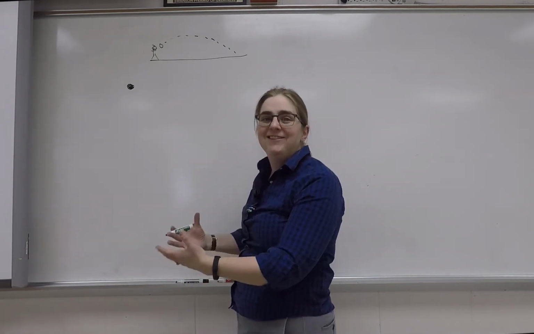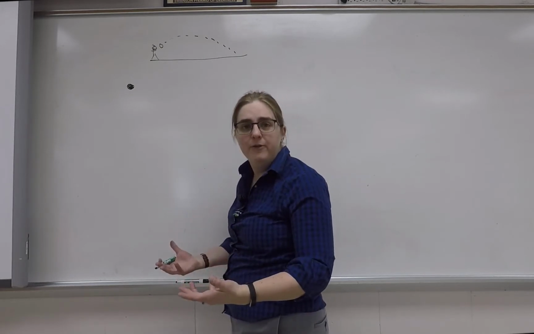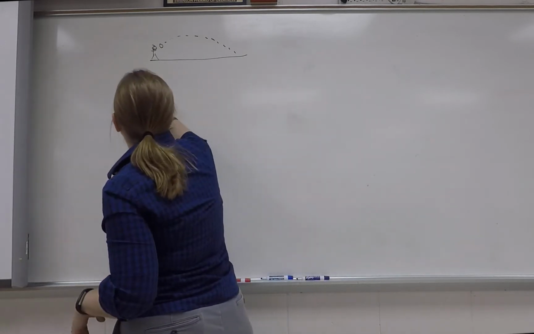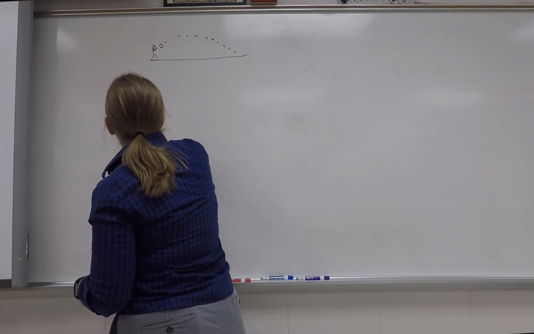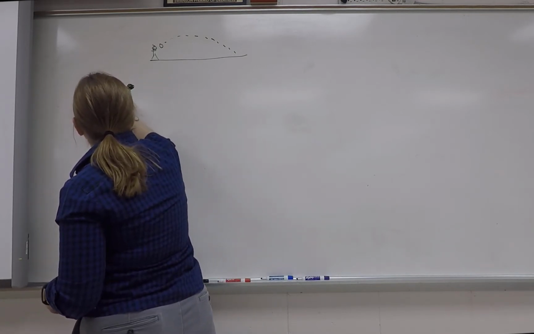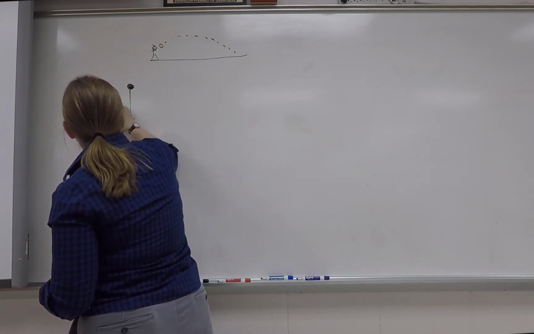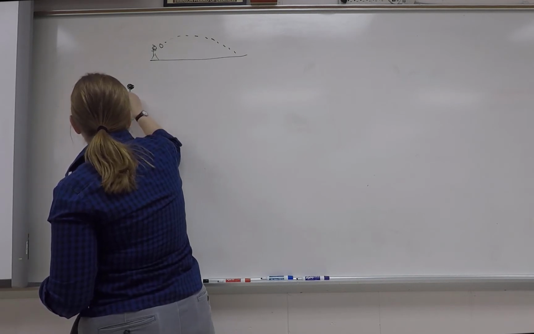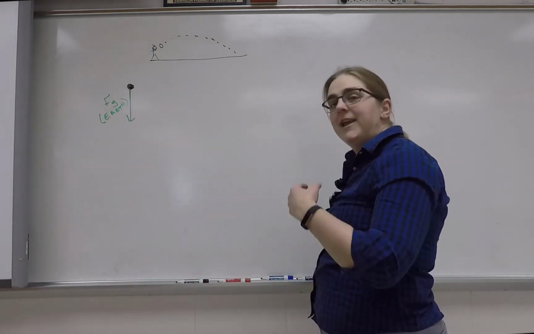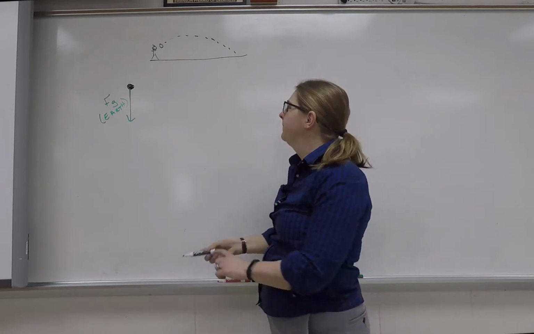Air resistance is negligible on something like a bouncy ball. Now, that means the free body diagram has exactly one force on it. And that's the force of gravity, which is an interaction with the Earth.